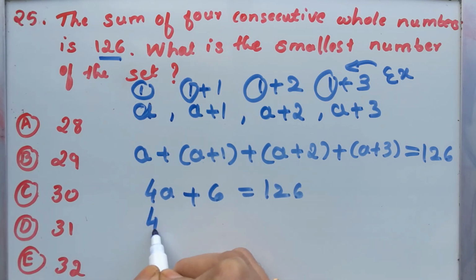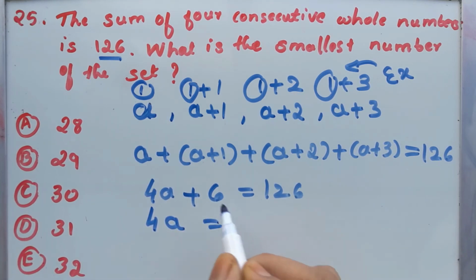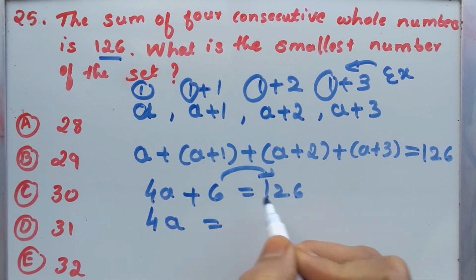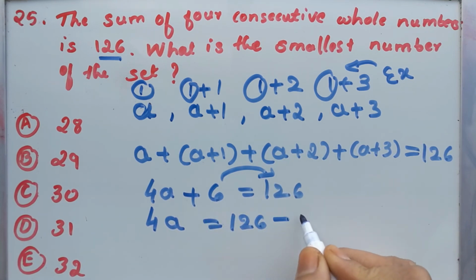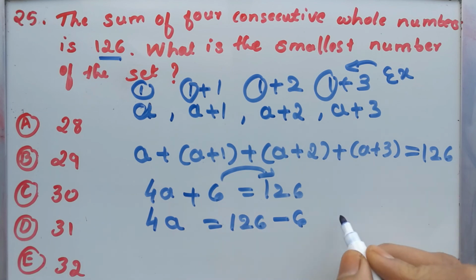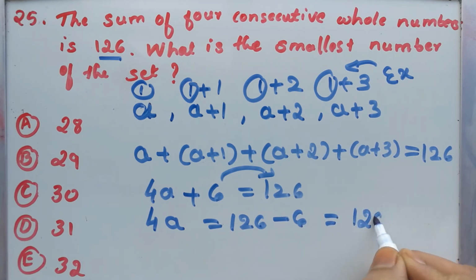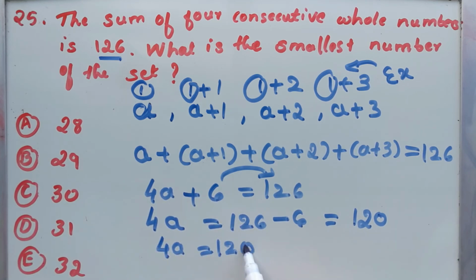So what is 4a? Take 6 to this side. The addition becomes subtraction. 126 minus 6, which is 120. So 4a is equal to 120.